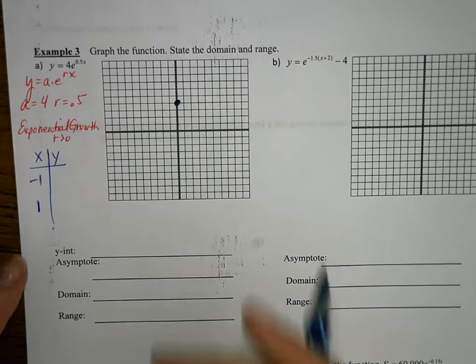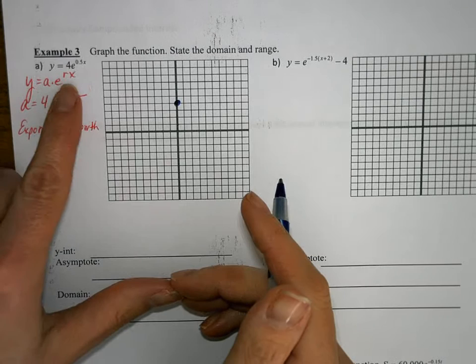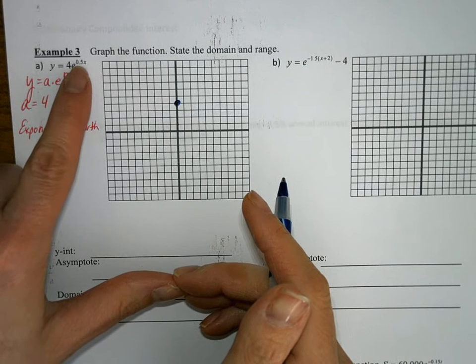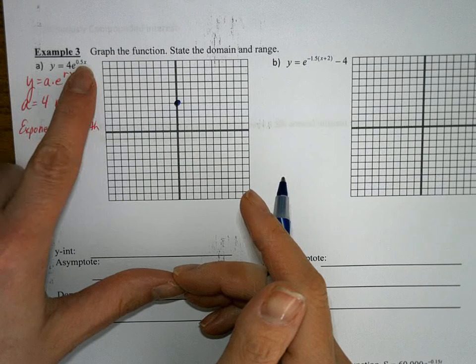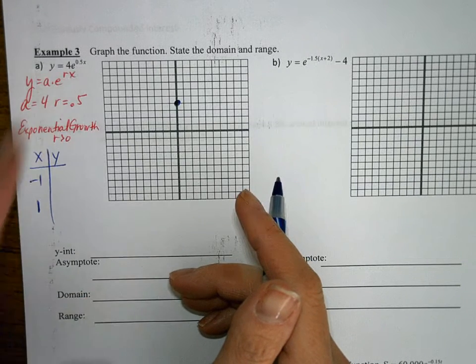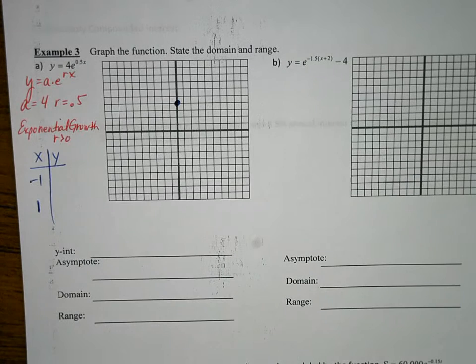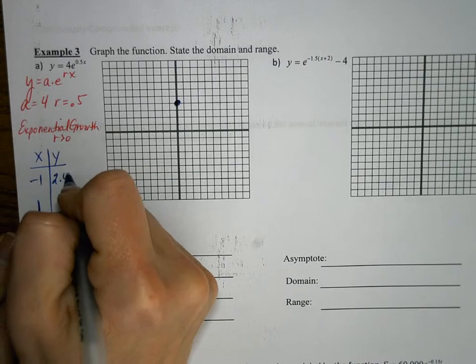So if I plug in -1, a half times -1 is -1/2. So I'm taking e to the -1/2 power, and then I'm multiplying it by 4. Jacob, do you have that? What do we get for y when the x is -1? 2.426-ish.